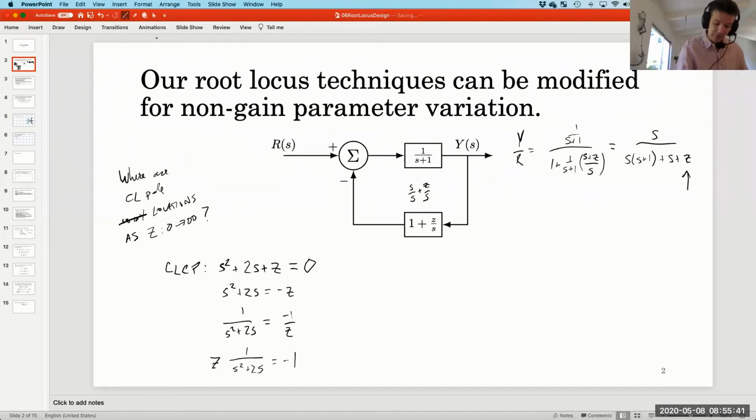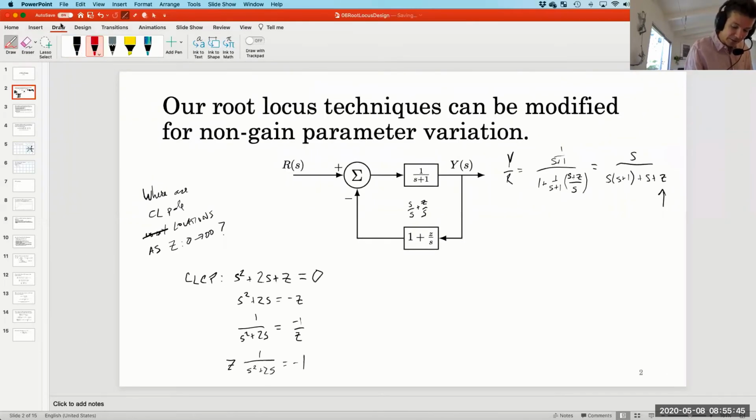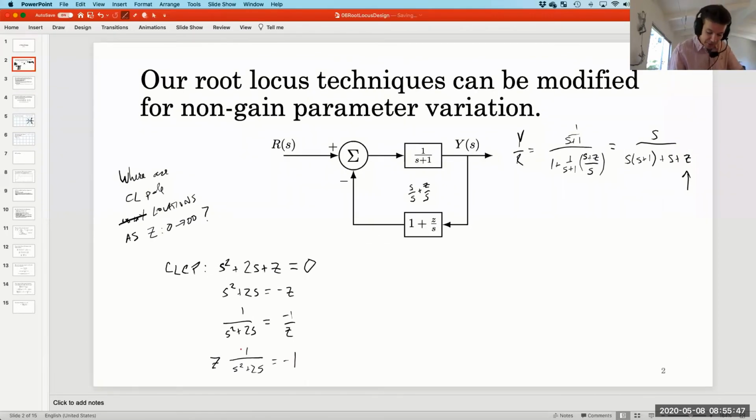And so this whole procedure was done so that I can get a function of s and set it equal to negative 1, because this negative 1 is the key to all of our former root locus techniques. And so I don't have a good name for this. So I usually, when I do this face-to-face, I do hand quotations.